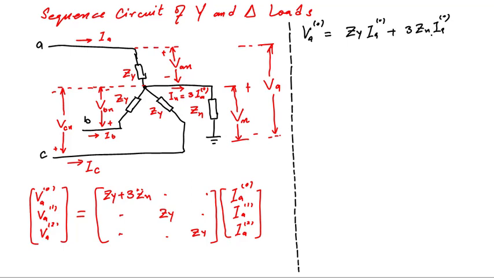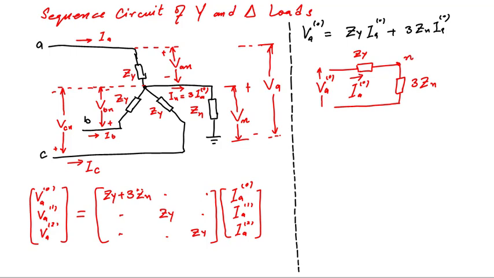By using this equation, we can develop a circuit that consists of an impedance ZY in series with an impedance 3Zn, and the voltage will be VA0 sequence, and the current through this circuit will be IA0 sequence. This is the neutral point.